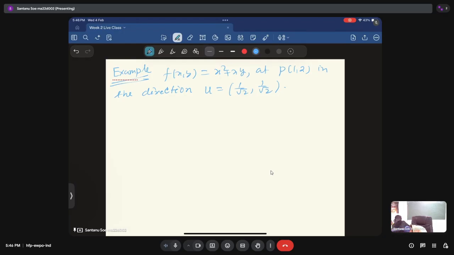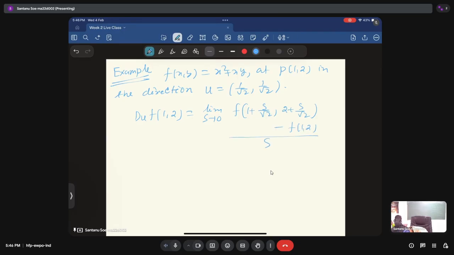Okay, so now we have to find D_u f(1, 2). So this is the limit as s tends to 0 of f(1 + s by root 2, 2 + s by root 2) minus f(1, 2), divided by s.